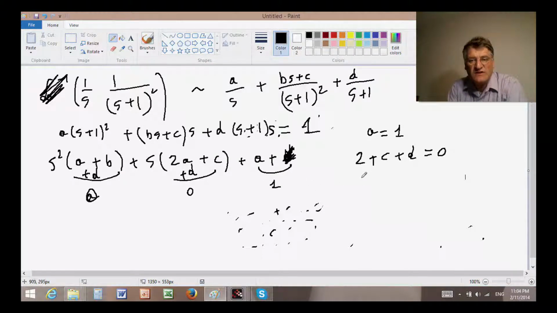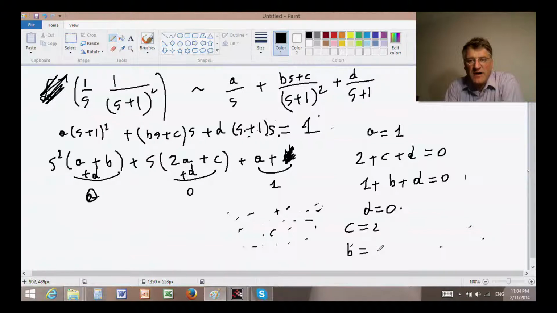And then 1 plus B plus D is equal to 0. Given that A must be equal to 1, we have too many determinants here, so we can choose D is equal to 0, for example, in which case we get C is equal to 2 and B is equal to minus 1.